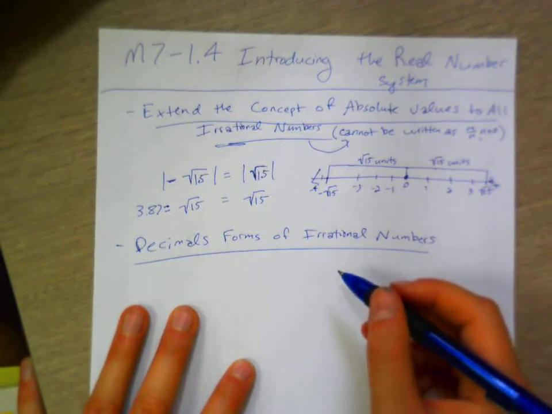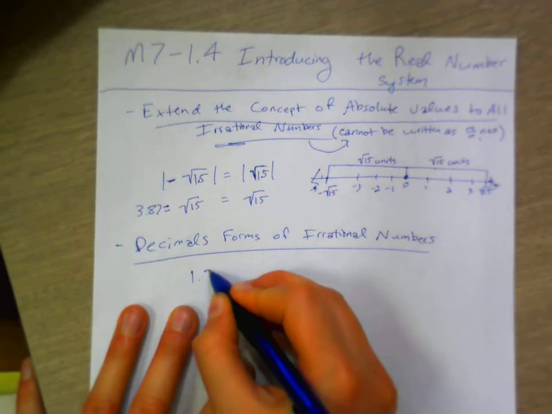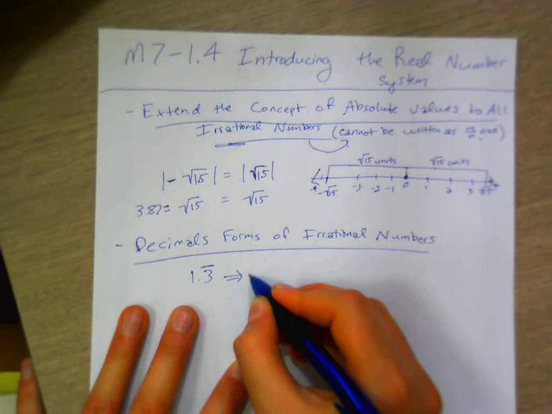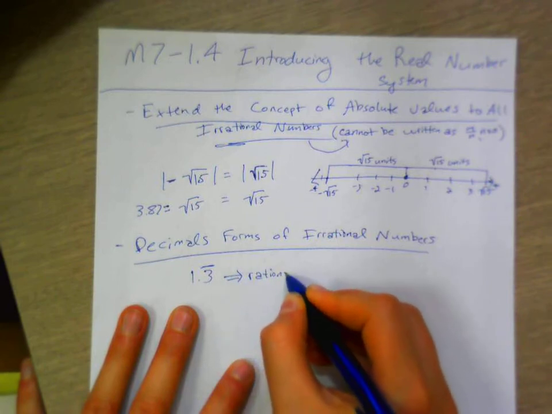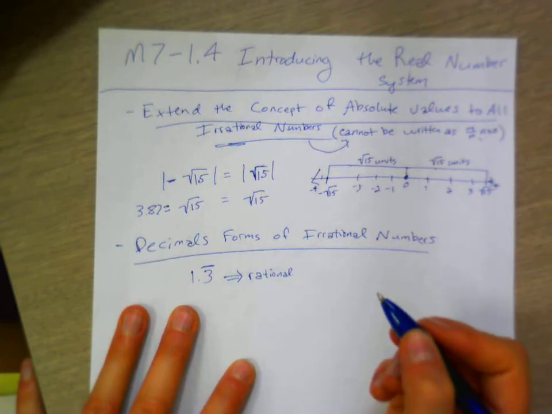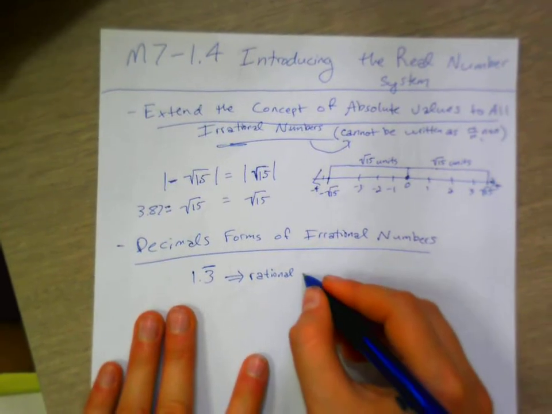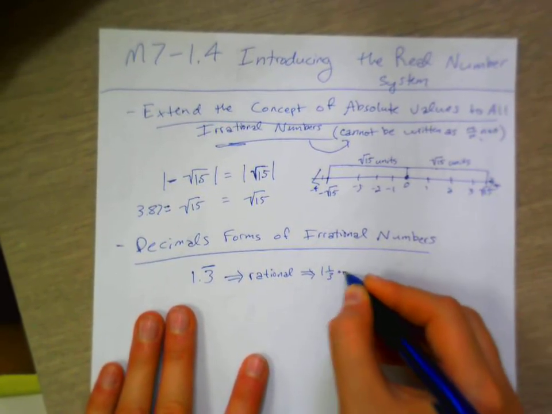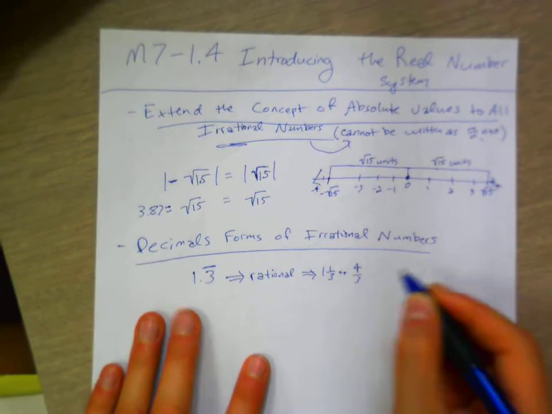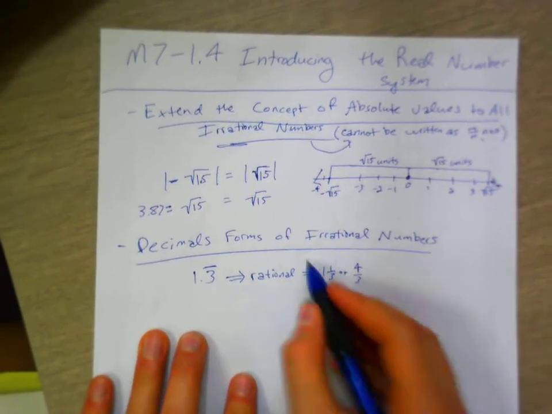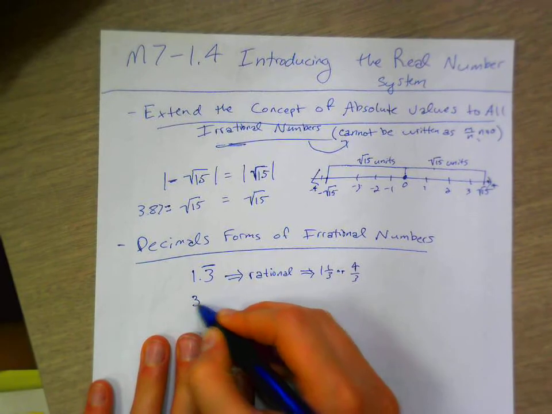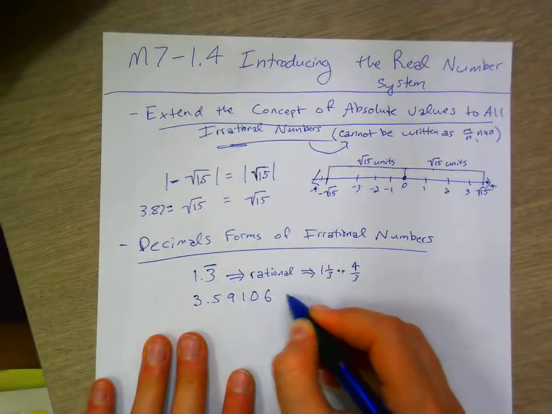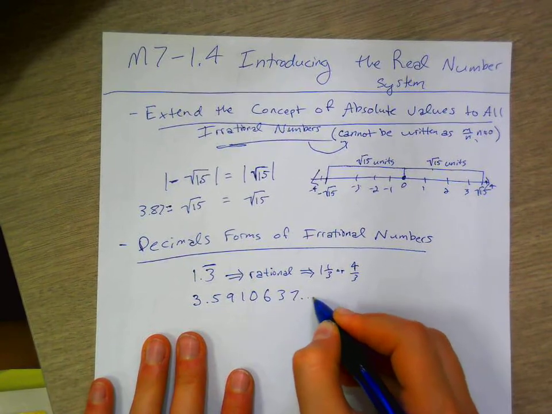So if we wrote 1.3 repeating, we know that this is equal to a rational number because it's repeating. And in fact, it is equal to 1 1/3 or 4/3. This is rational. But irrational would be if it's like 3.5910637... and it's not repeating at all.